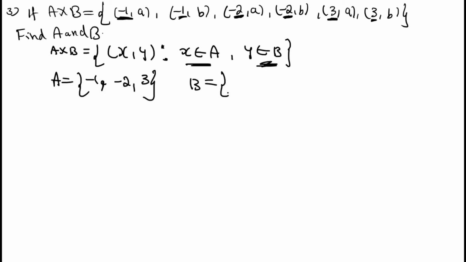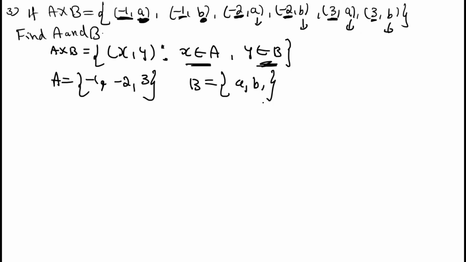Set B is obtained by collecting all the second elements of the ordered pairs in the Cartesian product. What are the second elements? Here you can see a, then here you can see b. a already we wrote, b already we wrote, then here also a we wrote, b also we already wrote. So only two elements, B is equal to {a, b}.